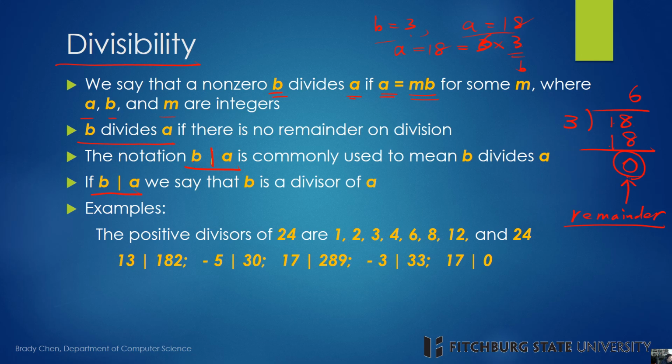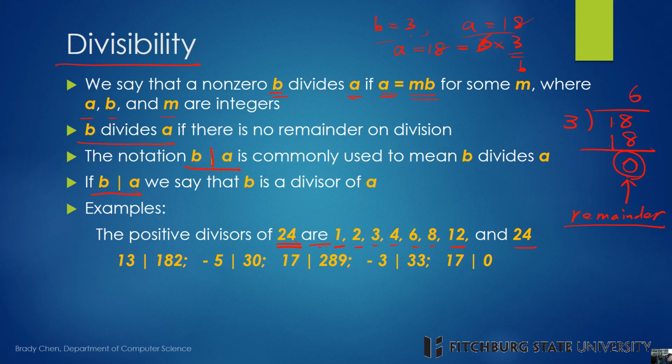For example, the positive divisors of 24 are 1, 2, 3, 4, 6, 8, 12, and 24 itself. Why? Because 1 divides 24, 2 divides 24, 3 divides 24. So all these numbers divide 24. These are all the divisors of 24.